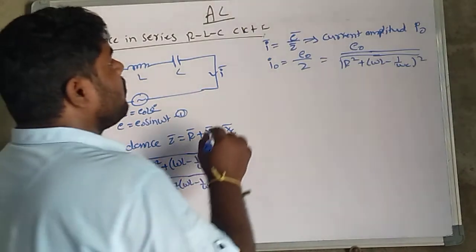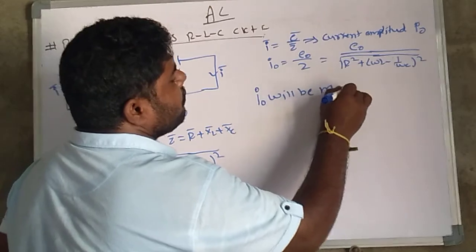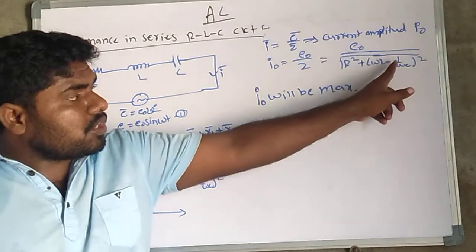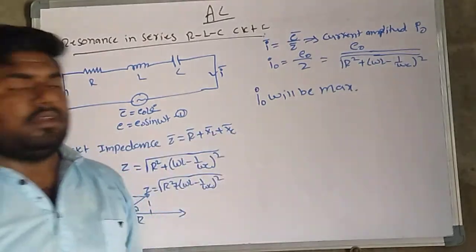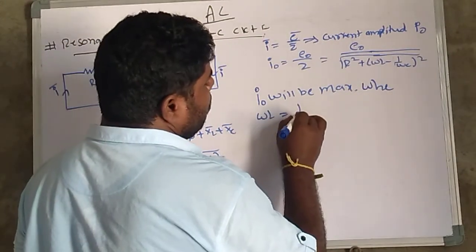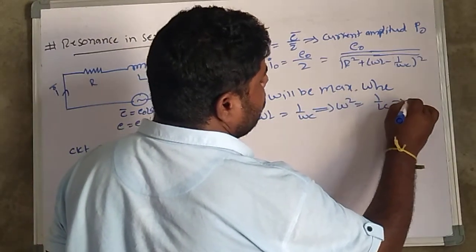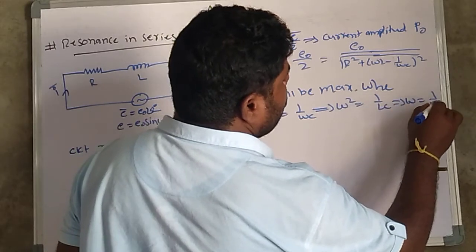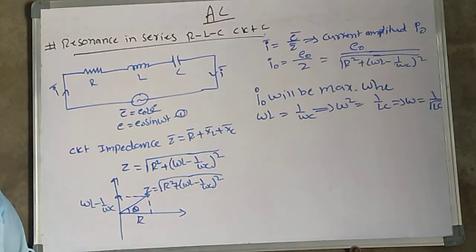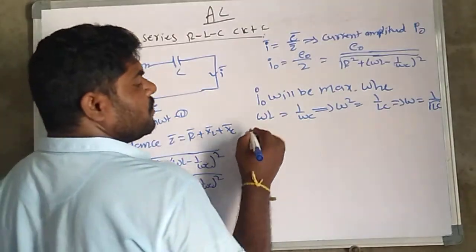Here I naught will be maximum when omega L is equal to 1 by omega C, only then is it possible. When omega L is equal to 1 by omega C, omega square is equal to 1 by LC, so omega is equal to 1 by root LC. In this situation, the phase angle theta is equal to 0.